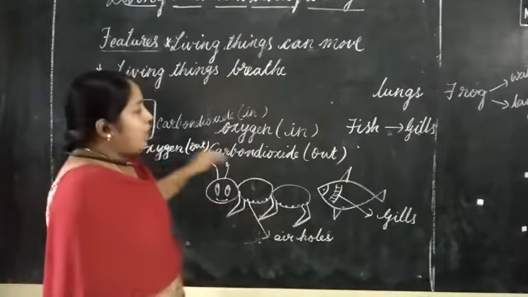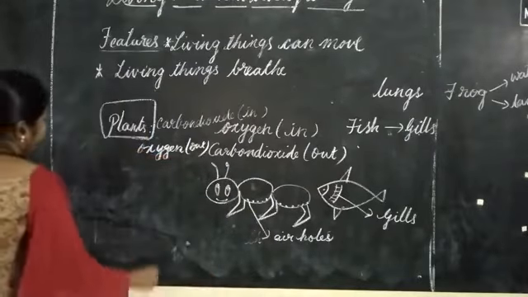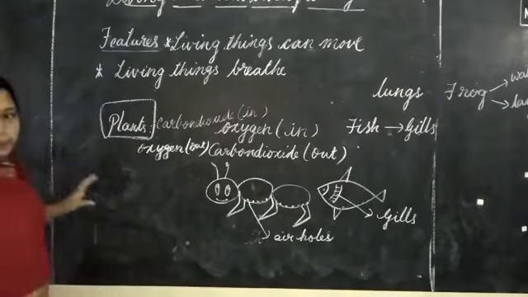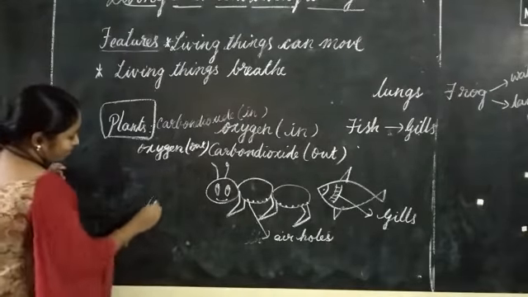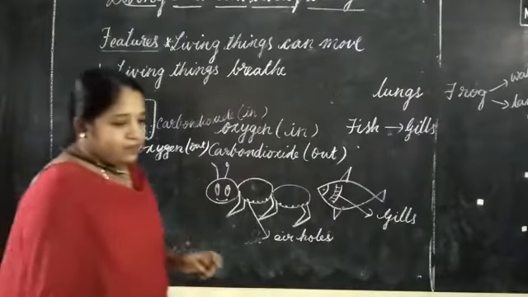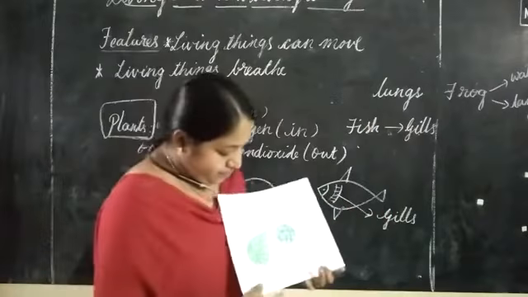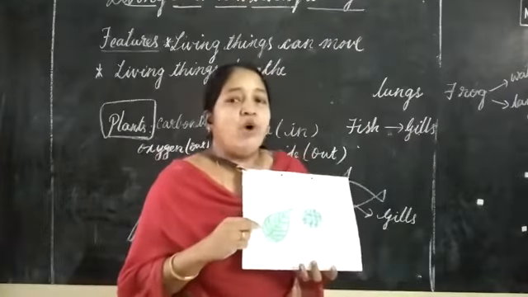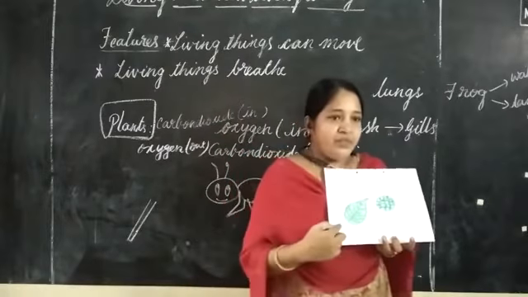Clear, children? Okay. Then come to plants. How do the plants breathe? See here. You will find small pores on the lower surface of the leaf.